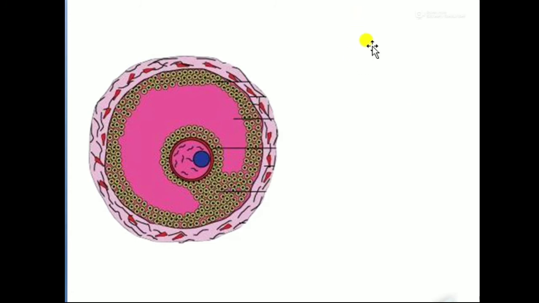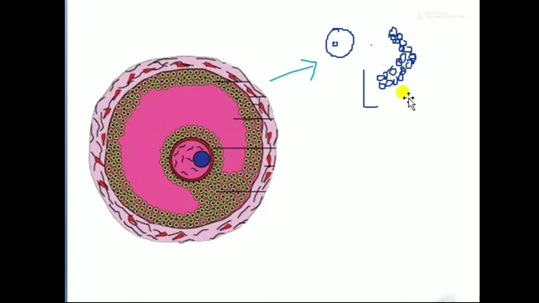If this is a Graafian follicle, it will rupture, and it looks like an empty Graafian follicle having a number of cells, from which the secondary oocyte is released. In this stage, some blood will also be lost because of the rupture. This stage is known as corpus hemorrhagicum.